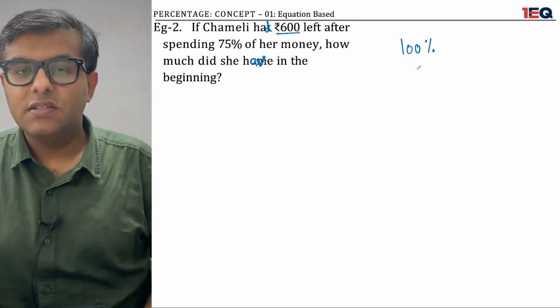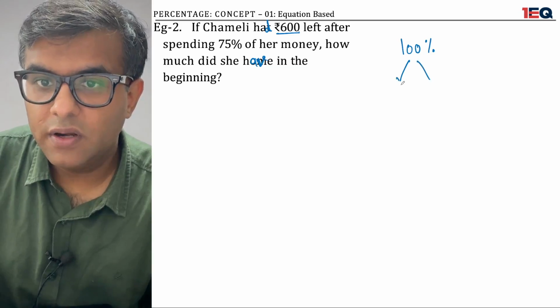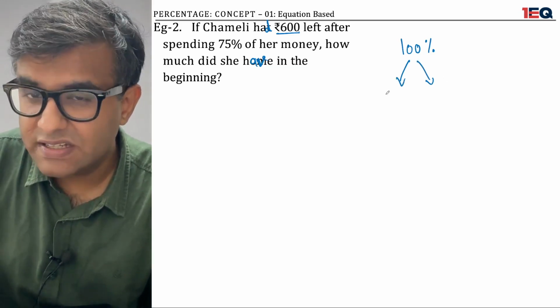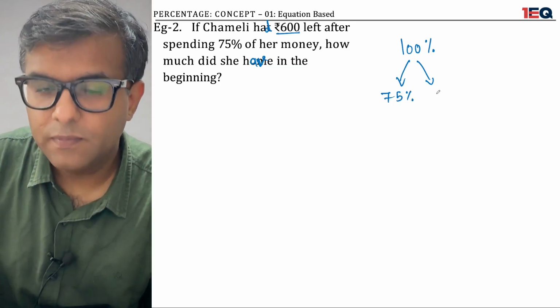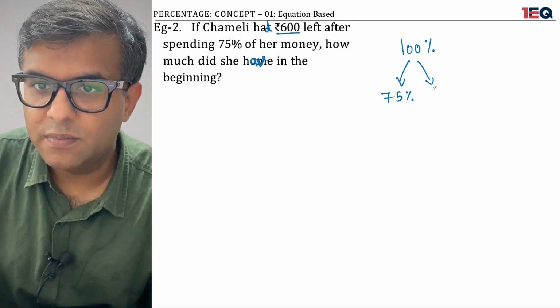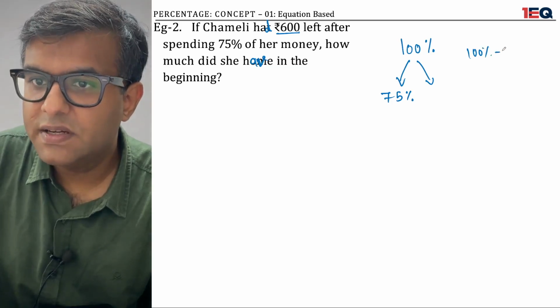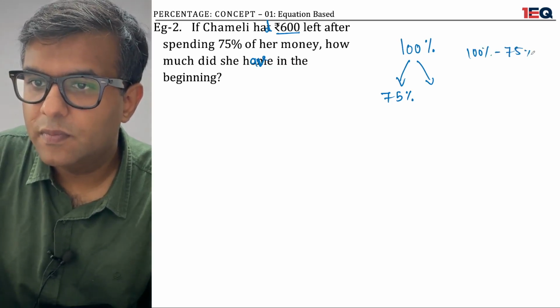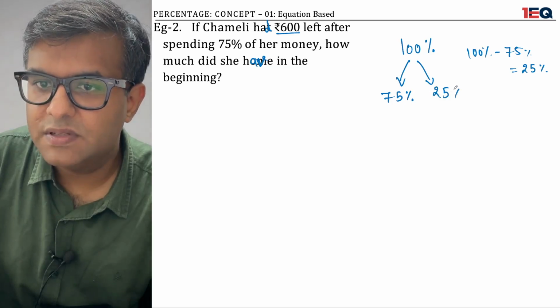Okay? She, according to the question, has already spent 75% of the money. So, what is the money that she is left with? 100% minus 75% equals 25%. So, she is left with 25% money.